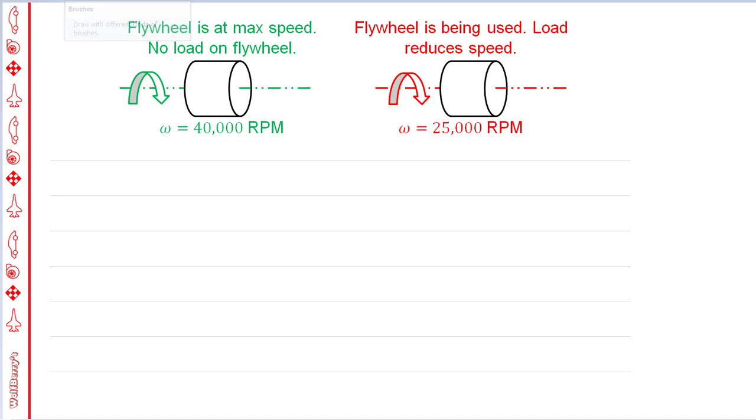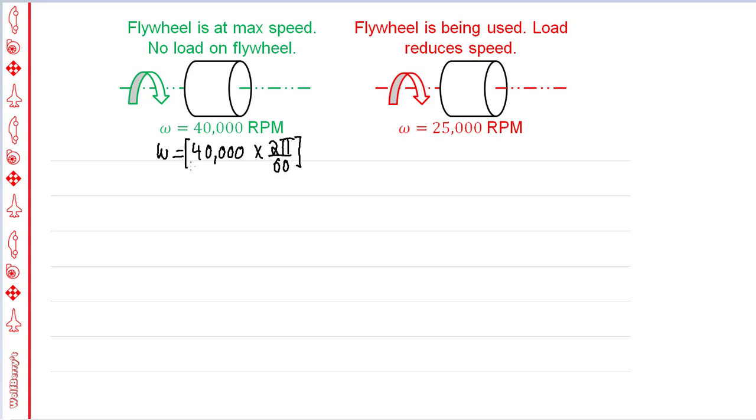So first thing we're going to do is we need to transfer this RPM into radians per second. The way to do that is simply omega is equal to take your RPM, multiply it by 2 pi over 60.